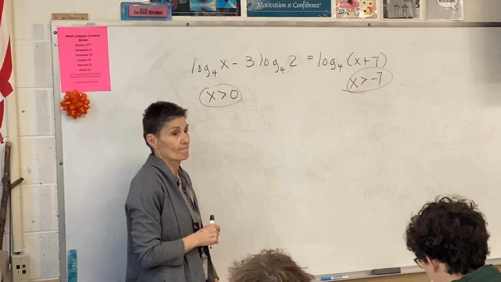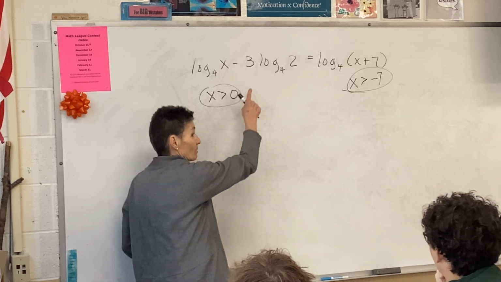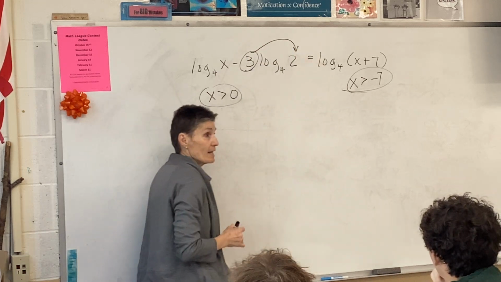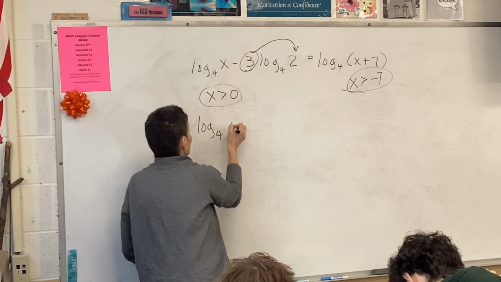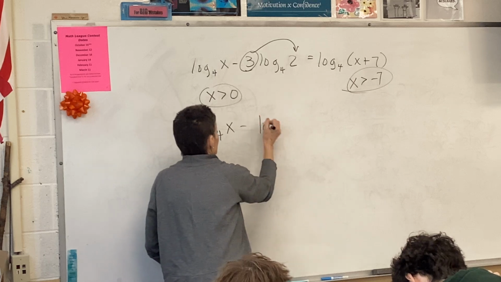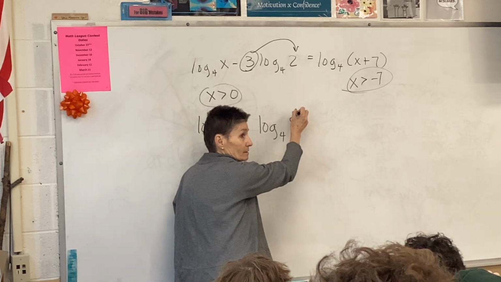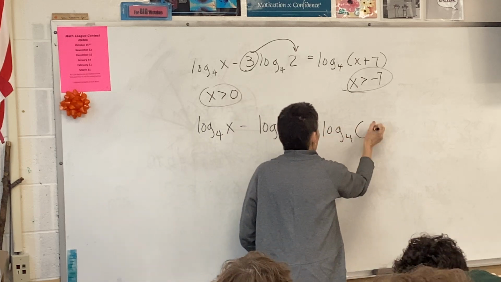What's your thought? First thought. You know how to do this. Get rid of that 3. And how do we get rid of that 3? We remember it is an exponent. So we have log base 4 of x minus log base 4 of 8 equals log base 4 of x plus 7.